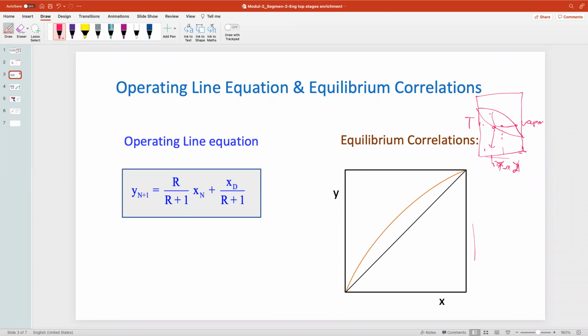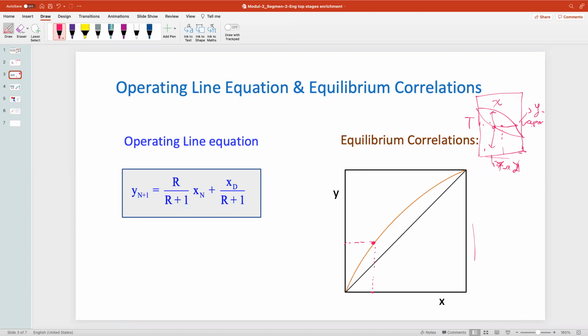The liquid is called X, the vapor is called Y. So if we put this into this graph, you get one point. For example here, this is the composition of X for the liquid, and this is the composition of vapor. So this one point represents one line in the TXY diagram.